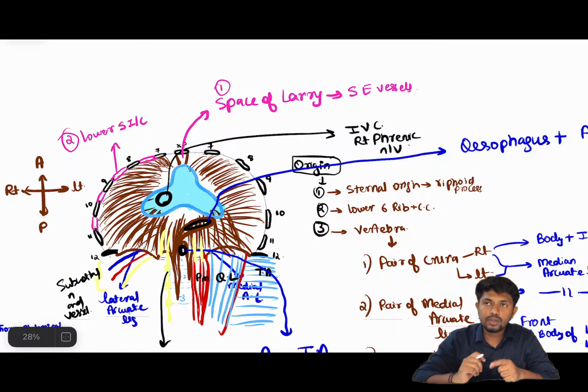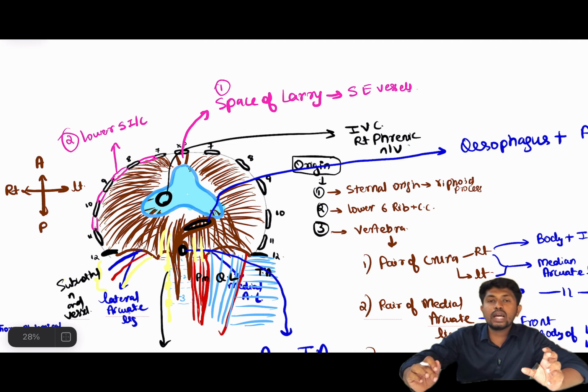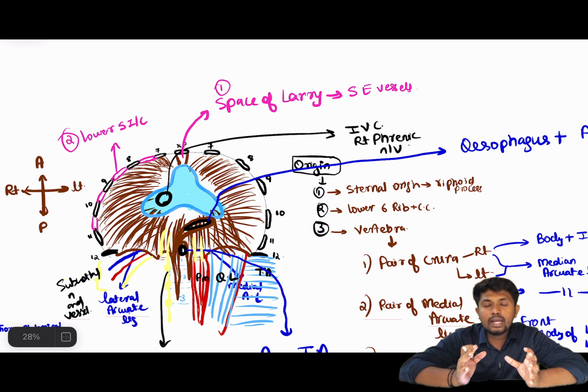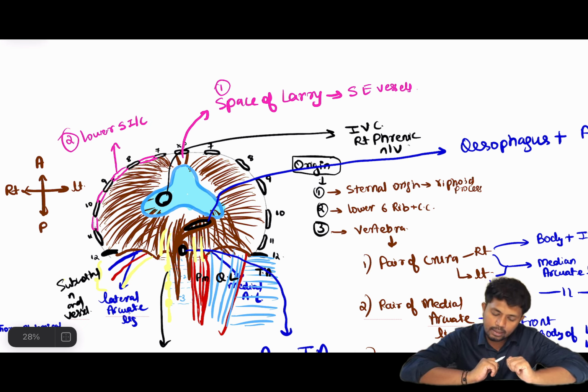So during the process of inspiration, the diaphragm contracts and, because of the pulling of the diaphragmatic muscle, the central tendon will be relaxed. In this way, more blood will enter into the right atrium through the inferior vena cava. So the action at the vena cava opening: it will be dilated and more blood will enter the right atrium.